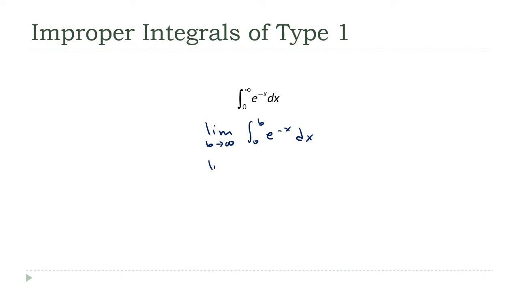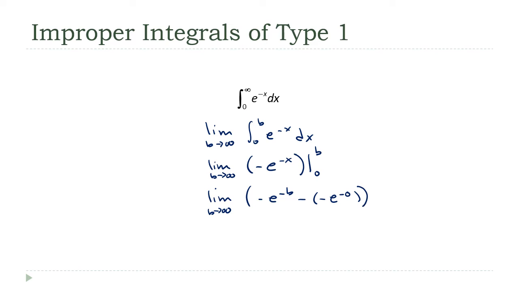This is the limit as b approaches infinity of negative e to the negative x from 0 to b.